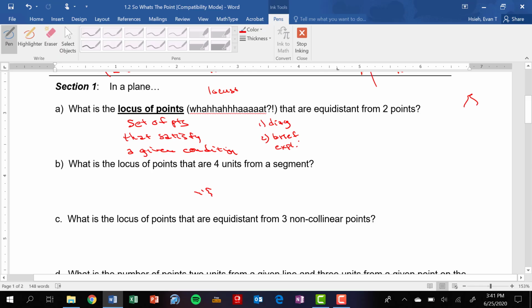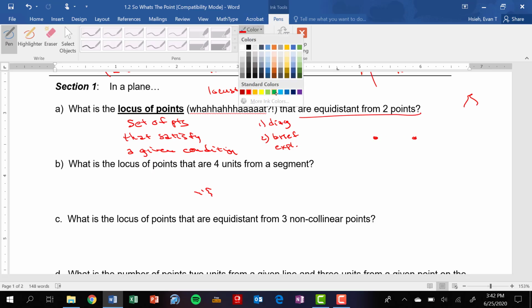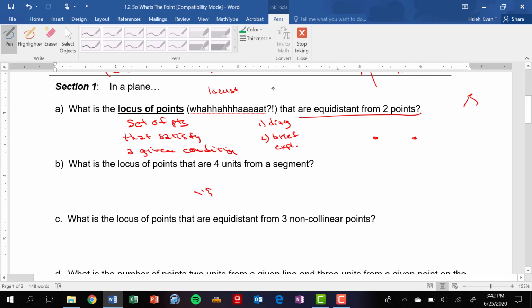Okay, so for the first one here, what is the locus of points, or the set of points, that are equidistant from 2 points? So if I have 2 points like this and this, the best way to approach a locus is to do 1 point at a time until you start figuring out what this figure is actually going to look like. So there's a point that is equidistant, the same distance from 2 points. Is that it? Well, actually I can pick a point right there. That would be the same distance from here as it is from here.